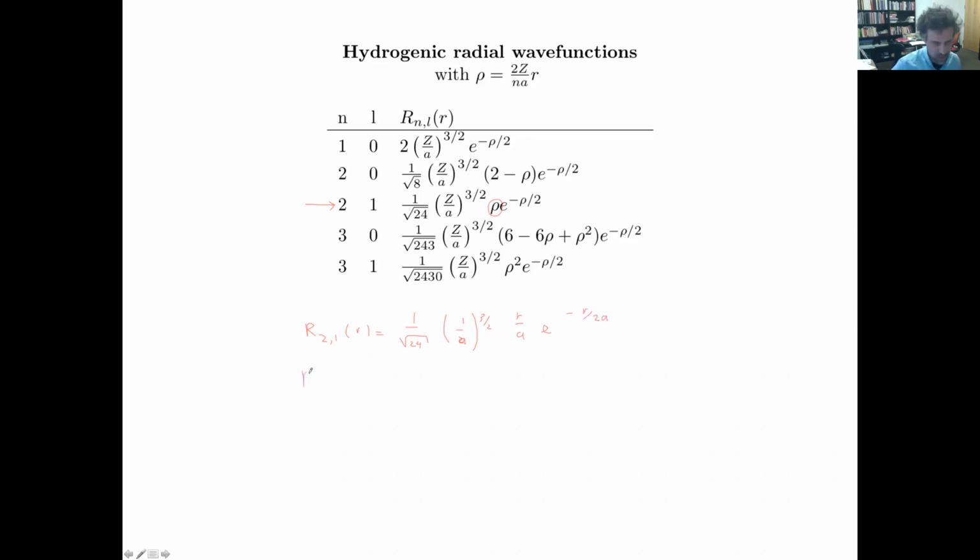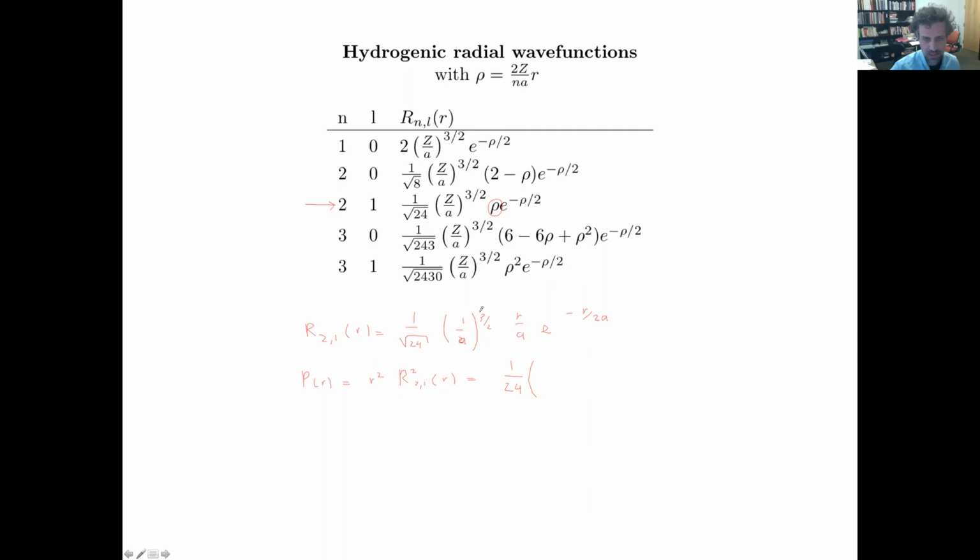And then I have to determine P(r), which is the radial distribution function, which is r squared times the square of this wave function. So square the whole thing. That's 1 over 24. And then what I'm going to do is put this term here, this 1 over a, into this particular square root expression. This is not really a square root. This is root 3 over 2, and this is basically 1 over a.